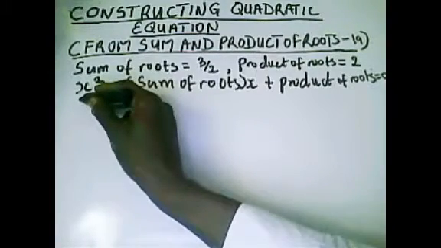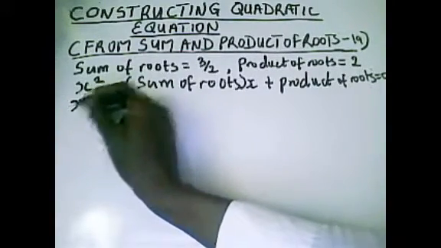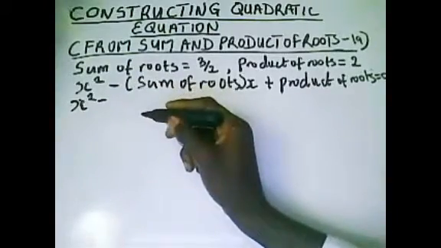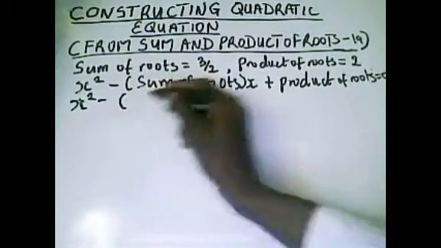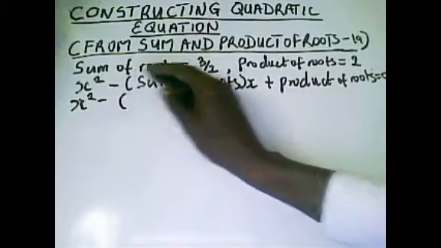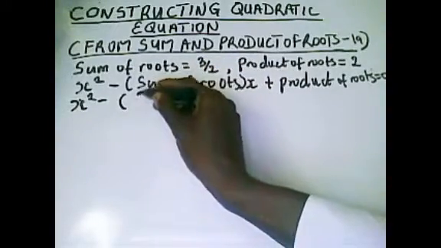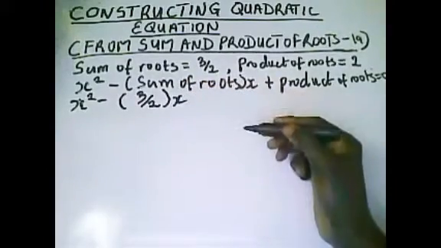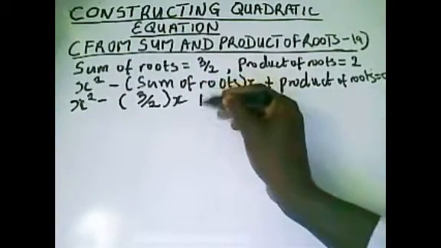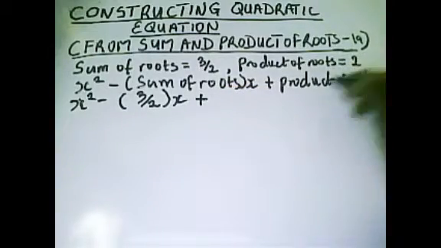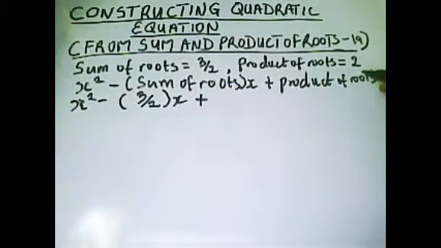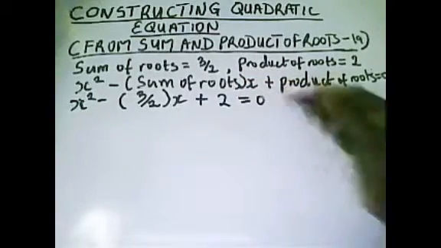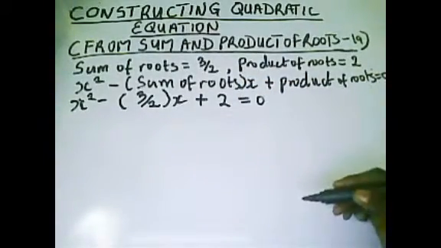We come to the next step here, and then we write x squared, then minus, for the sum of roots, we are already told that the sum of roots is 3 upon 2, so we'll write it there, 3 upon 2 of x, and the next thing we do is to say plus, then the product of roots is given to us here as 2. So we write 2 and then we equate everything to 0. That's the first step we are to take.